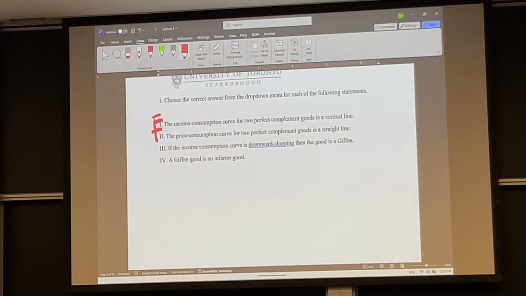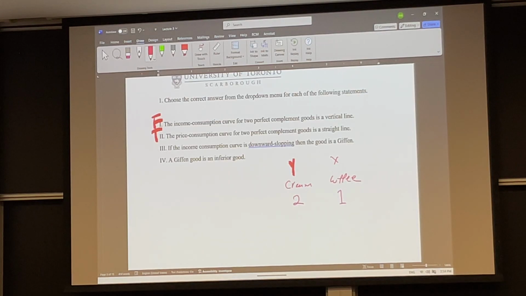Let's see why. Suppose that is cream, that is coffee, and the individual uses 2 creams, 1 coffee always. Anything outside that combination, he throws away. That's a perfect complement, right?